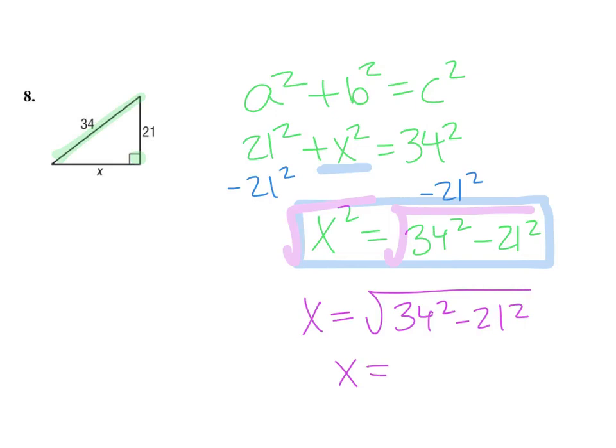X has a value of 26.7395, or if you rounded, you would round to the third decimal spot. The number after is a 5, so this 9 goes up, which means you're looking at 26.74.